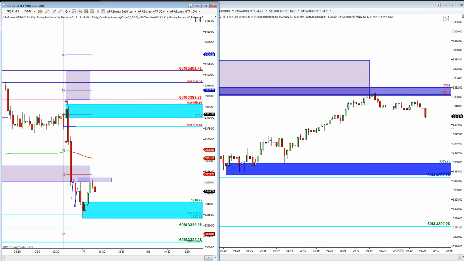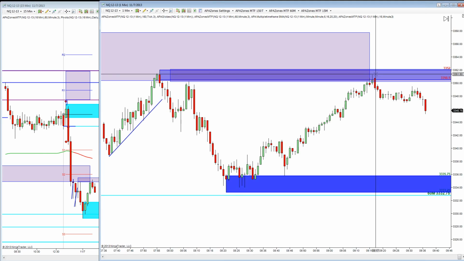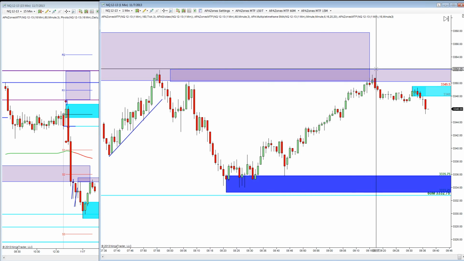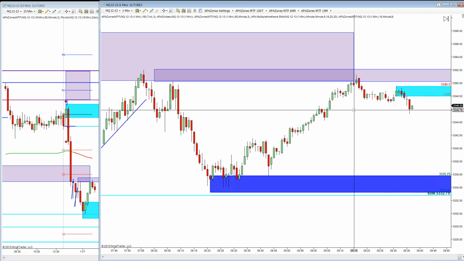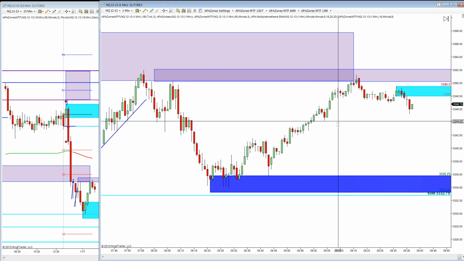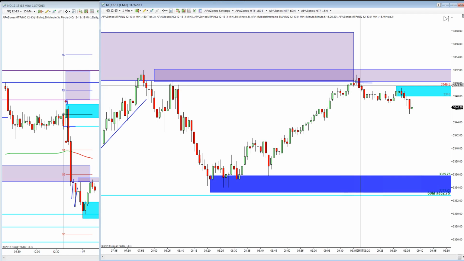But I feel like this is really the high of the zone, and it's retested that, and now it's coming down off of it. So something kind of cool if I were to go apply my little signal thing, I know that there would be a little short signal happening right here.